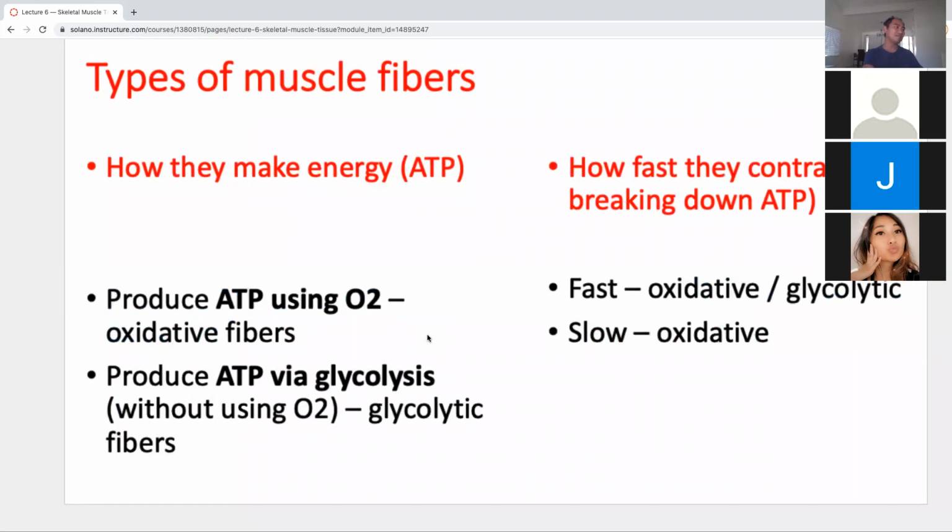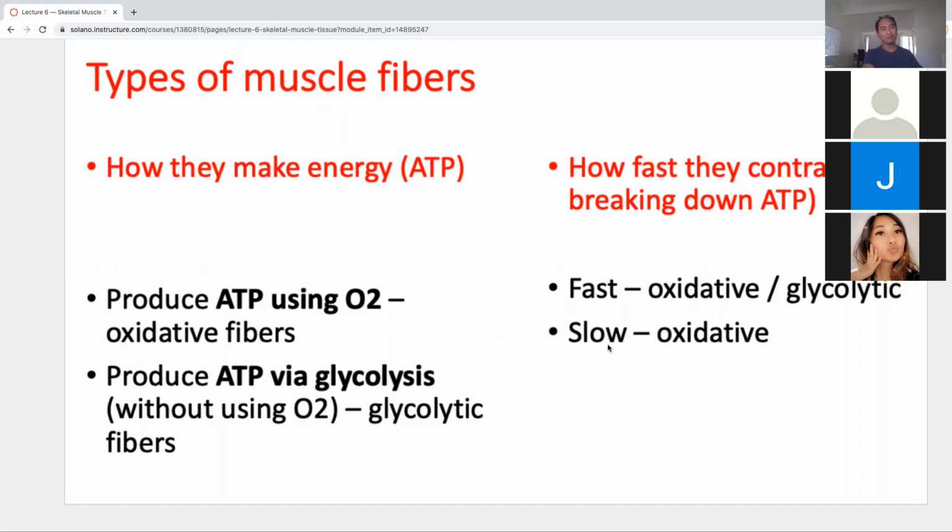There are types of muscle fibers, depending on how they make energy and depending on how fast they contract. Depending on the energy, if they use oxygen, oxidative fibers. If they use glycolysis, glycolytic fibers.